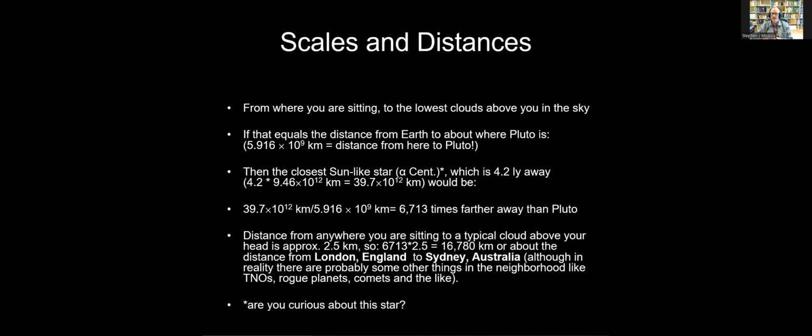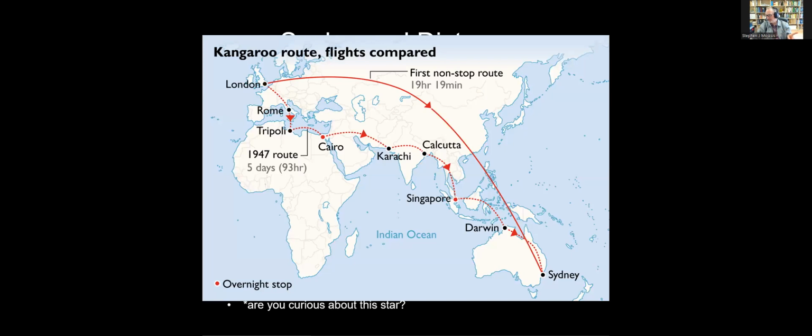So a distance from anywhere you're sitting to a typical cloud deck above your head is approximately 2.5 kilometers. So 6,713 times that is about 16,780 kilometers. That is approximately the distance from London, England to Sydney, Australia.